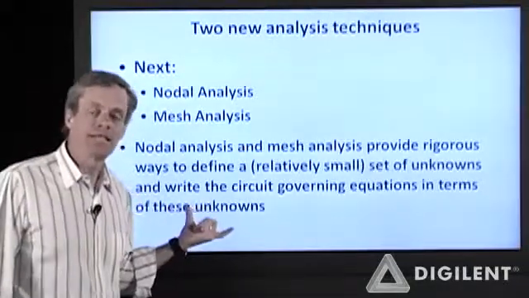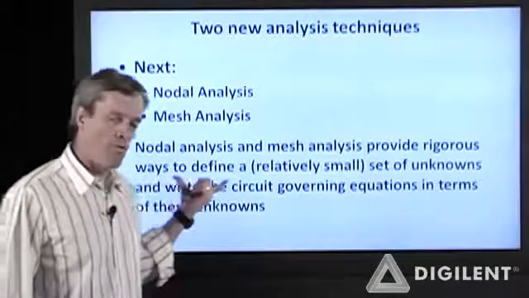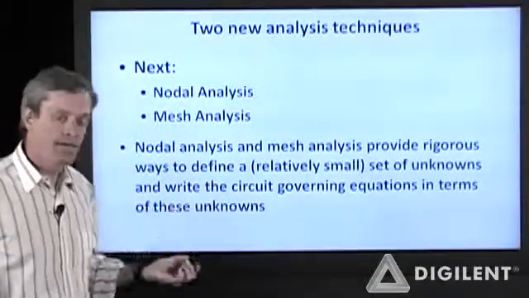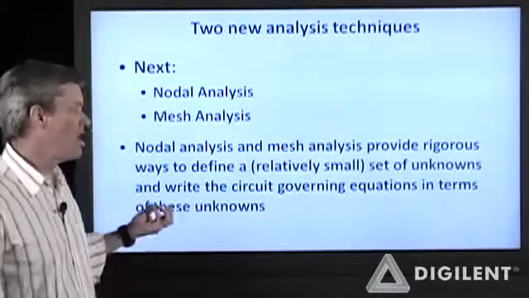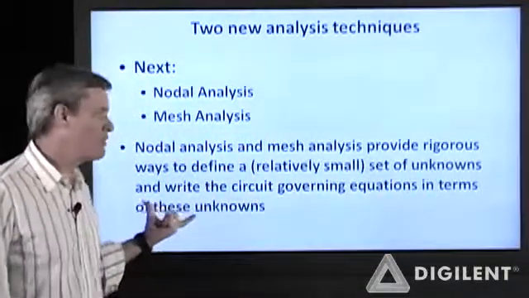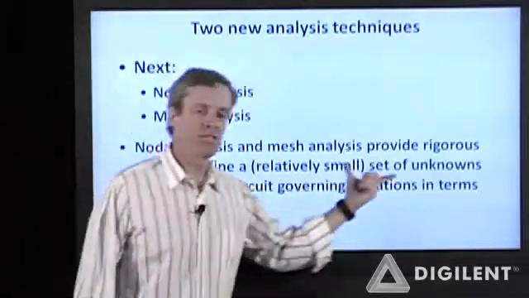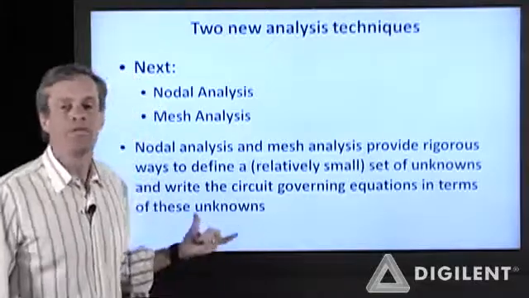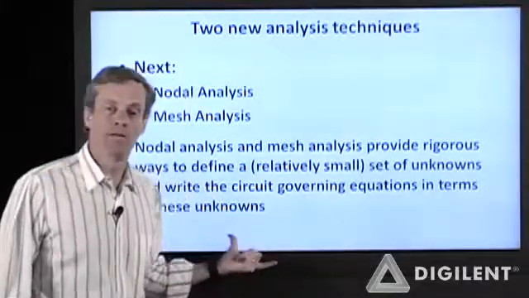These analysis techniques provide a rigorous way to apply KVL, KCL, and Ohm's law, but in a way that reduces the set of unknowns that we have to deal with. If we reduce the set of unknowns, we reduce the number of equations we write, and the overall circuit analysis becomes easier.